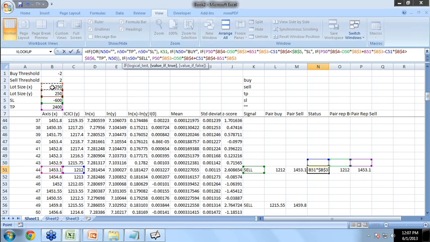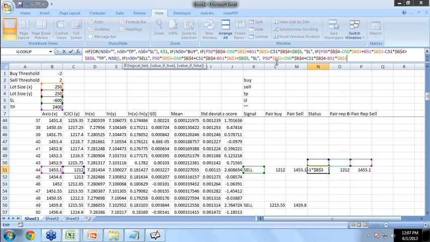All right. So if this is the M2M, if this is less than this thing, then we print SL. Now I'll just copy this thing again, the M2M for sell.